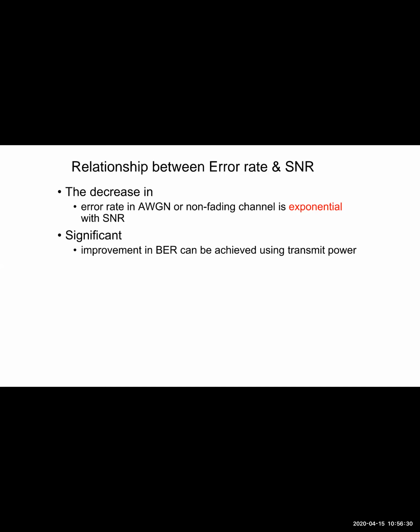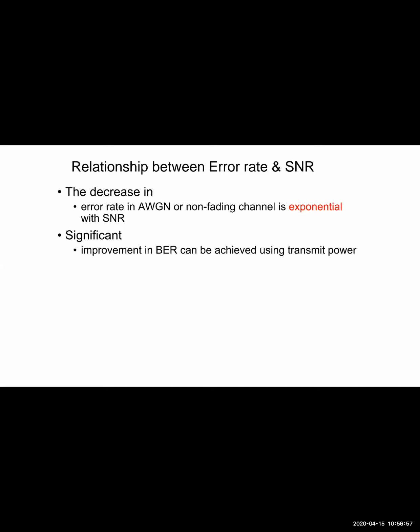So now we are going to fading. In fading, we want to see whether that same technique can be used. That same transmit power, can transmit power be used to reduce the bit error rate? If it can, technically, is it business-wise okay?